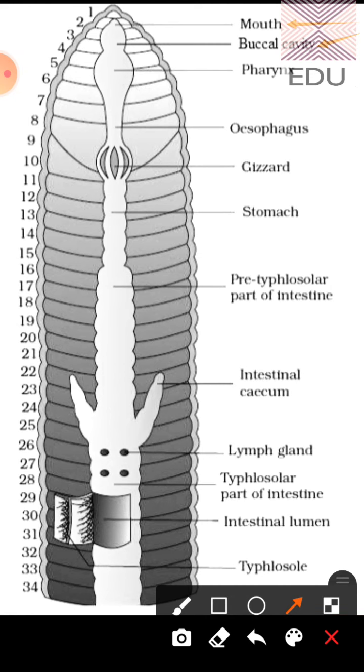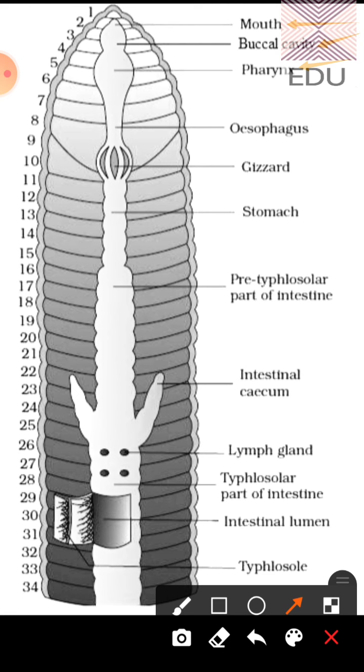Now next, the third thing is the pharynx. It is a pear-shaped structure and it extends from the third to the fourth segment. So it is a very small bag-like structure, but it is quite important as far as the digestive process is concerned.